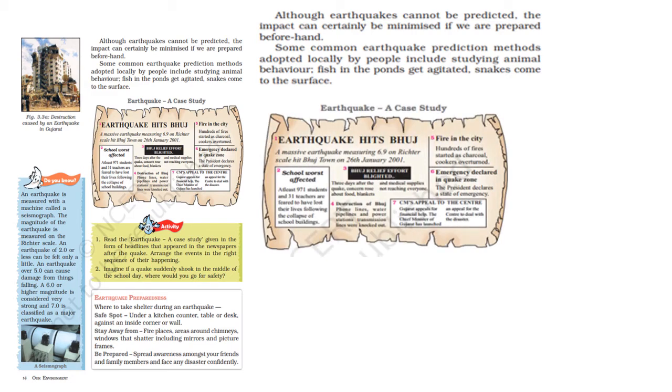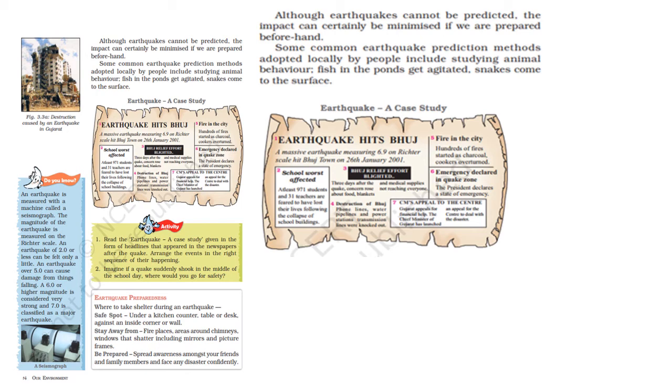Some common earthquake prediction methods adopted locally by people include studying animals' behavior, like fish in ponds getting agitated and snakes coming to the surface. These are very common animal behaviors which help. Many times earthquakes have taken place which caused a lot of loss of life and property in many parts of India.